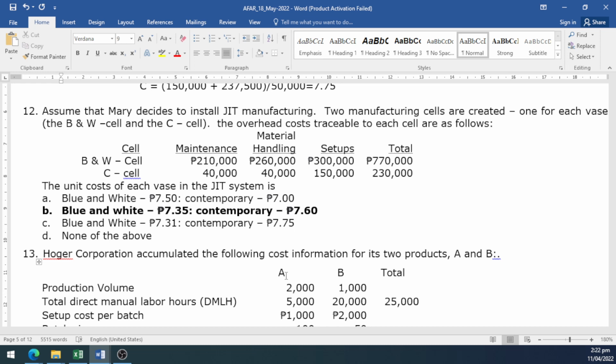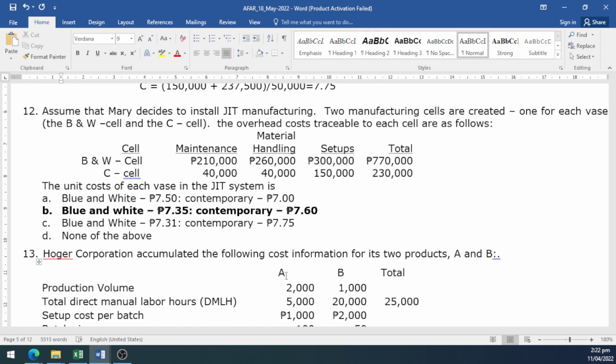Eh ngayon, ano ba ang relevance nito sa pinag-uusapan natin? Ang pinag-uusapan natin, allocation ng factory overhead eh. Magaling na tanong. Ganito eh. Yung overhead, pag traditional, allocate na tayo ng allocate eh.